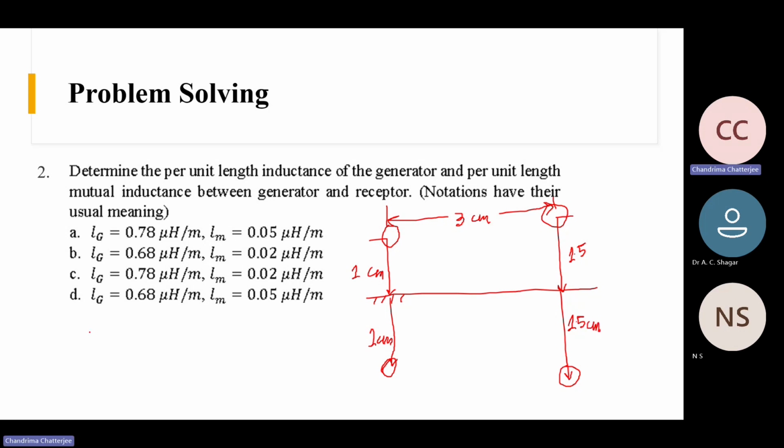Okay. So what is LG? LG, we usually represent in microhenry per meter, right?